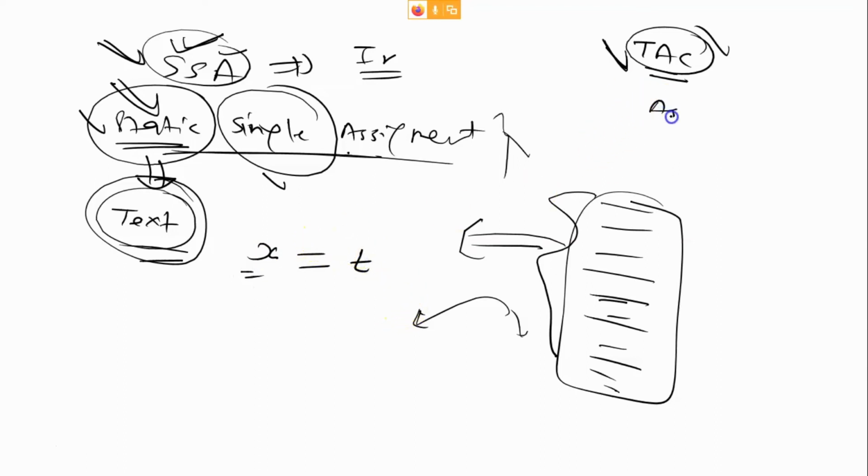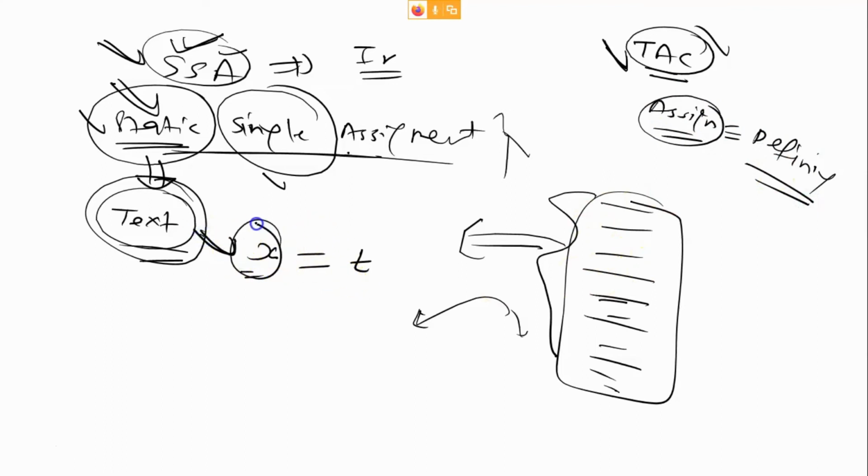From now onwards, whenever we study SSA or compiler optimization, this assigning will also be called defining. So when I say x equal to t, this is the definition for x, or you can say this is the assignment for x.